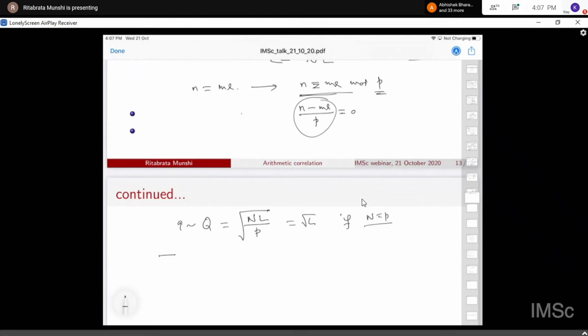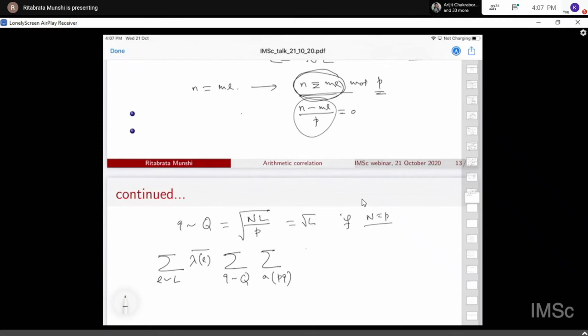Anyway, now I have the formula. I have my sum over L of lambda L bar, and then Q running up to capital Q, where capital Q is that. And then I have A, but A will not be only modulo Q, it will be modulo P times Q, because I'm also going to detect N congruent to ML modulo P by additive characters.